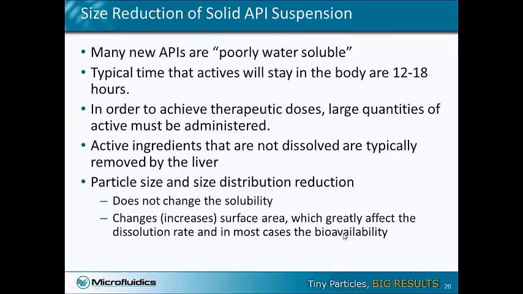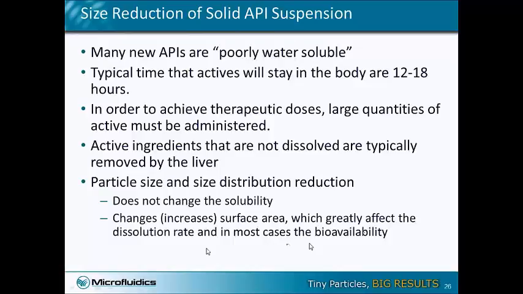Imagine a very, very small sphere or particle can be dissolved much quicker than a big particle or sphere. So this often translates to an increase in the bioavailability of those particles.